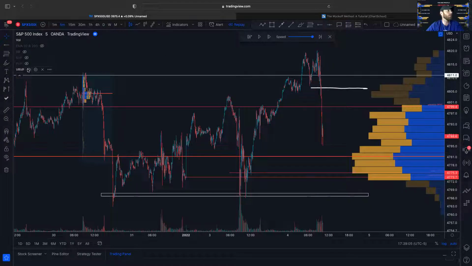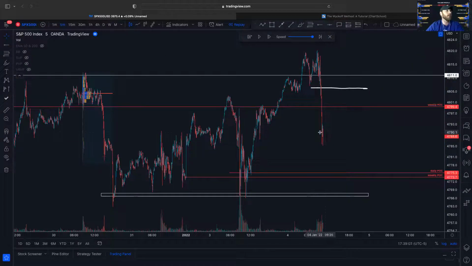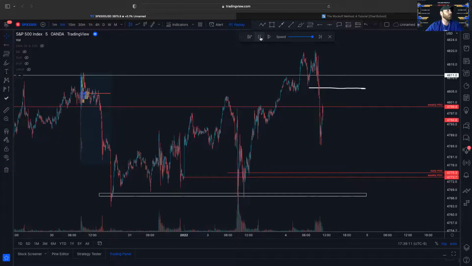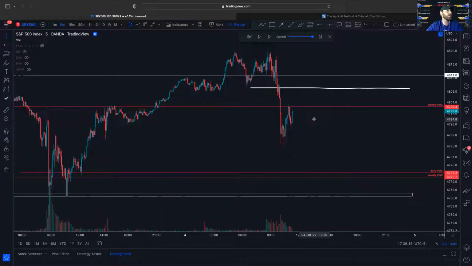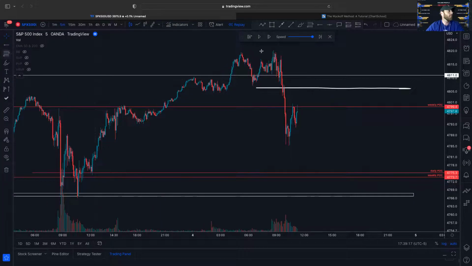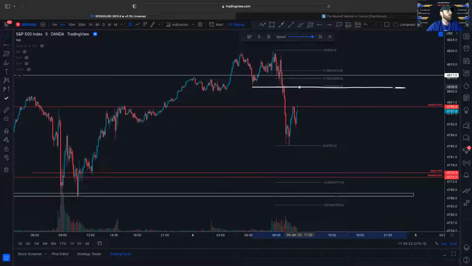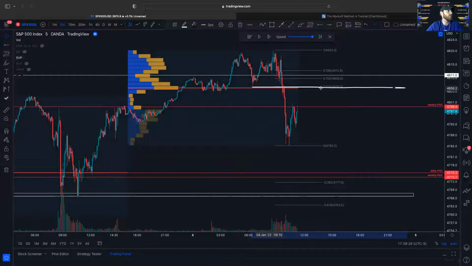We're in the good time of day. We basically just want to play this fib in real life. So in real life, we're bouncing off the POC. We would have taken it from here to here, and we would be looking for something. I want to keep the daily profile on, actually, because I want to see what the POC does.